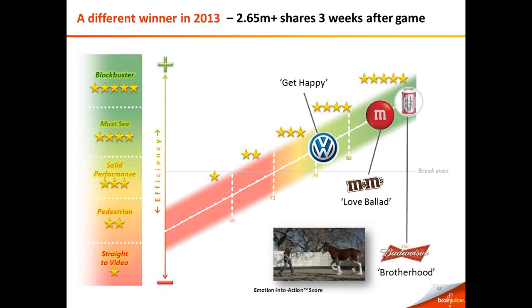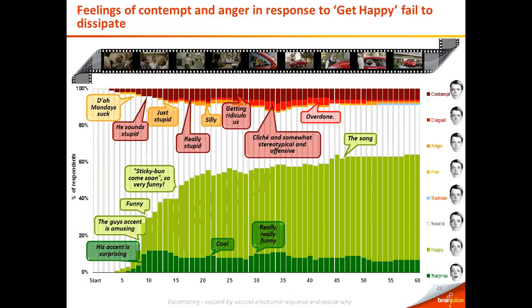Yes, we do. And really what sets it apart from the other copy is the emotional journey. What we're looking at here is the Volkswagen spot, Get Happy, which is really the story of a dreary office being transformed into a much happier place, as people take a ride in the car.